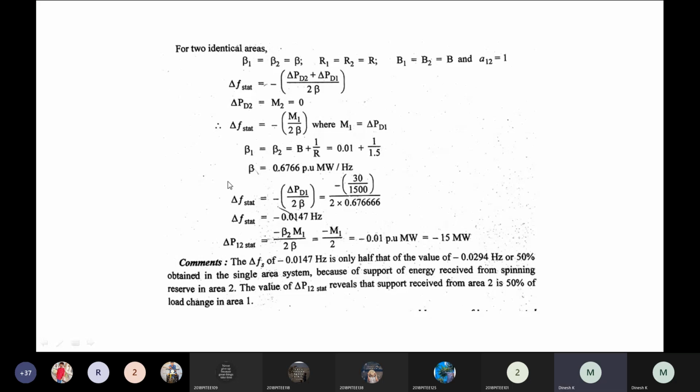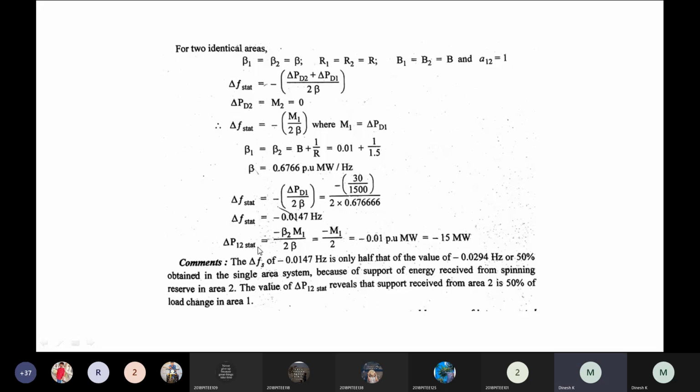So now substitute in your del F static. So del PD1 is minus 30 by 1500, over 2 times 0.6766. So after the simplification is done, your del F static should be minus 0.0147 hertz. Yeah. Then we have to find the change in power.